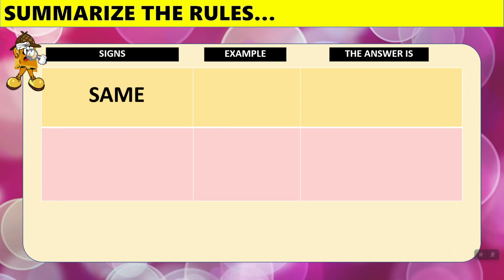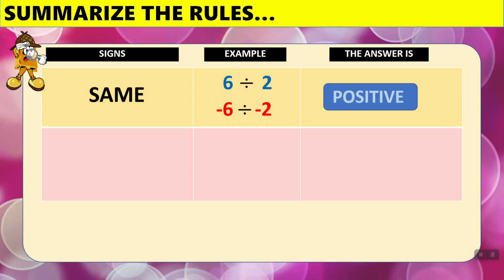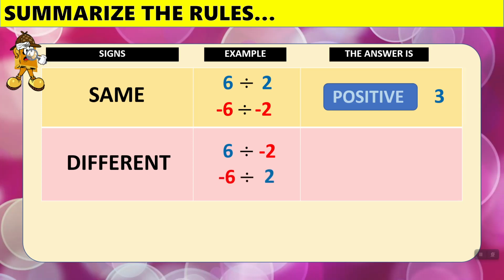When the signs are the same, when we are dividing 6 divided by 2, they are positive, or -6 divided by -2, they are negative, the answer is positive. And in this case, it is +3. When we are using different signs, for example, a +6 divided by a -2, or -6 divided by a +2, the answer is negative. And in this case, the answer is -3.